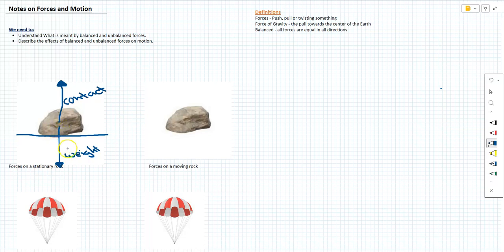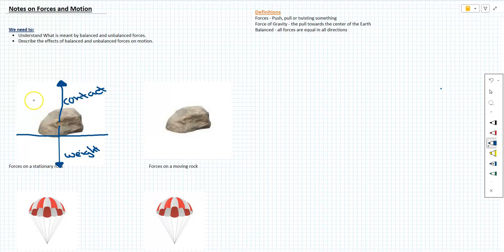We have learned that weight is the gravitational pull on an item's matter. Okay, so this is the ground, right? And the contact force is the same length. Can you see this arrow is exactly the same length as this arrow over here? Which means that this item has balanced forces, because both of the forces are the same.